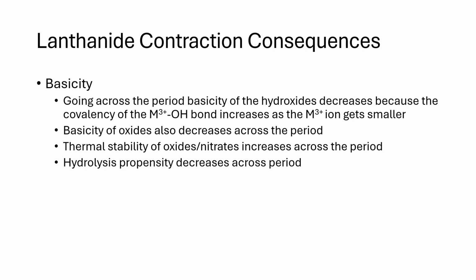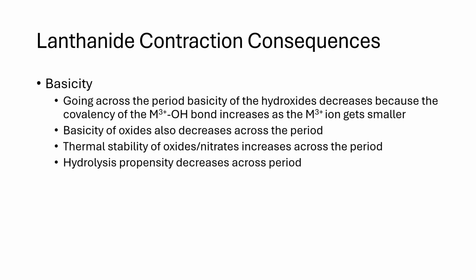So for example, if we go from lanthanum to the end of the series, we see that the basicity changes greatly from the left to the right of that period. It also means that the oxides become less basic as we go across the period, and the stability of those materials becomes better.